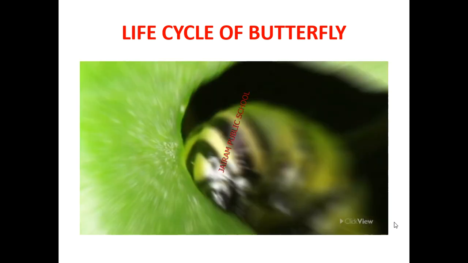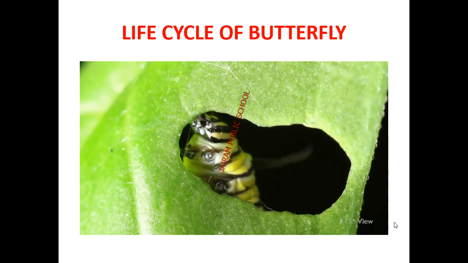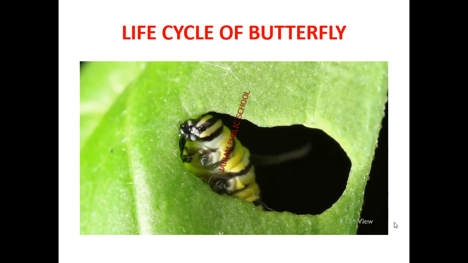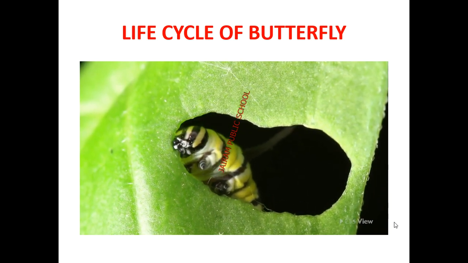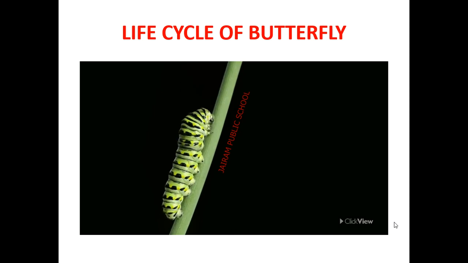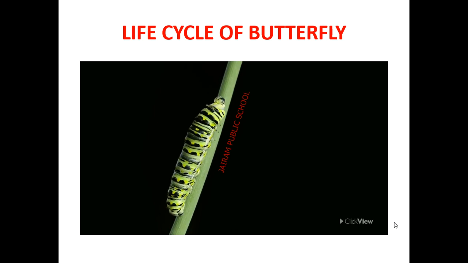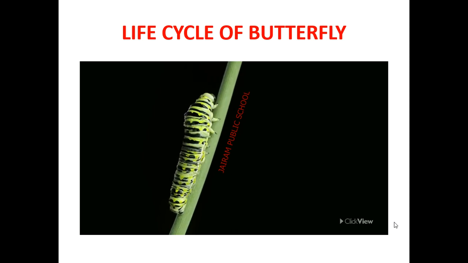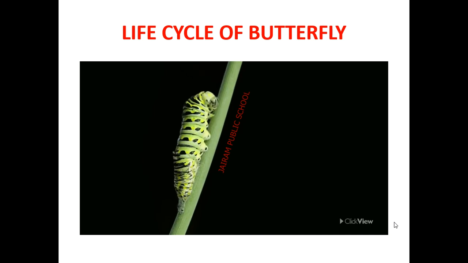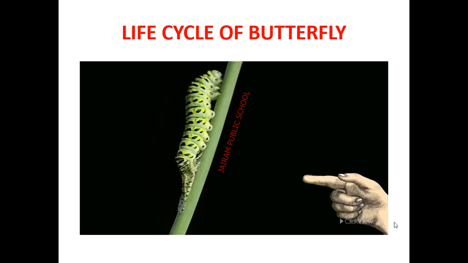You might have seen a caterpillar in a garden munching away. As a caterpillar grows, its skin becomes too tight for its growing body. The caterpillar sheds this old skin because underneath there is a new, bigger skin, which is much more comfortable. This process of shedding skin is called molting.